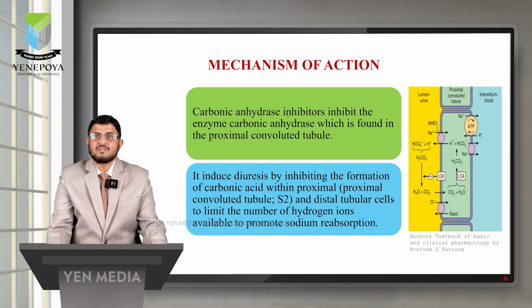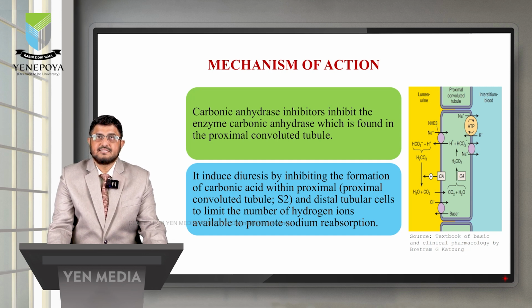So, the maximum amount of sodium and water is excreted. It induces diuresis by inhibiting the formation of carbonic acid within the proximal, that is segment 2, and distal tubular cells, limiting the hydrogen ions available to promote sodium reabsorption.